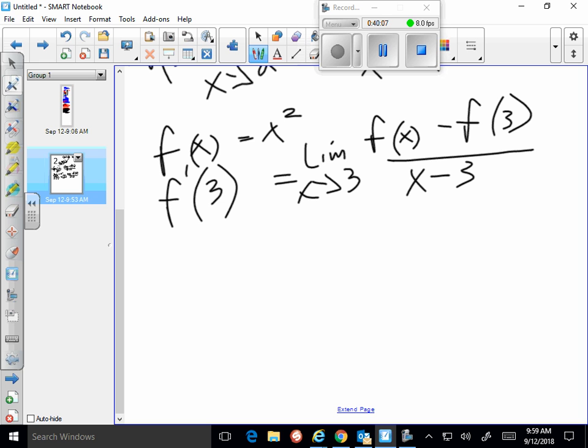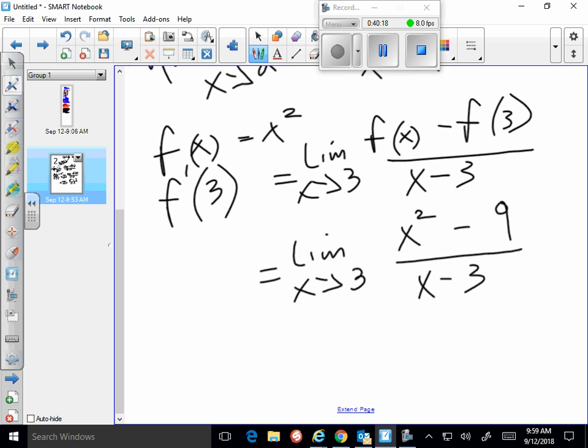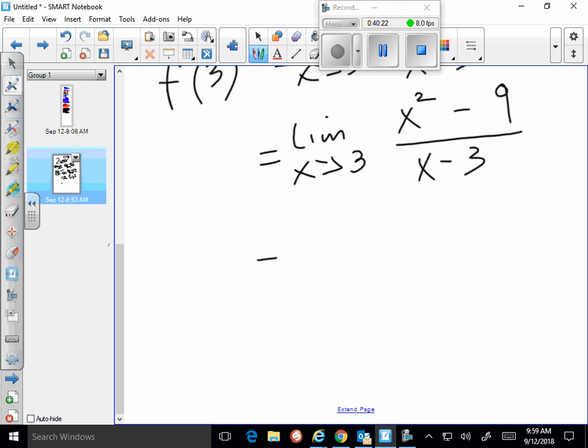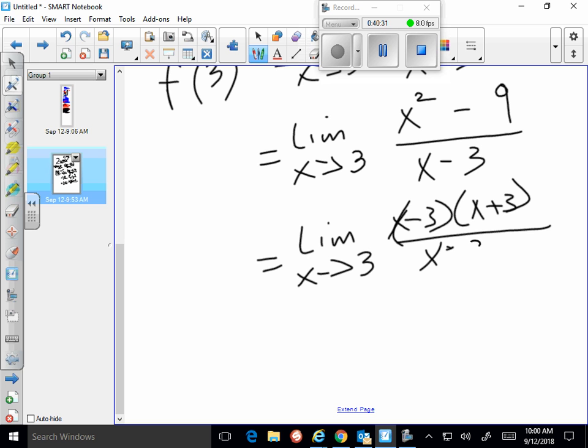How do I find f of 3, Darity? Good. So 3 squared is 9 over x minus 3. Hey, look, if I put a 3 in, I get 0 over 0. Uh-oh, I better use my algebra skills to rewrite this. Limit as x approaches 3 of x minus 3, x plus 3 over x minus 3.